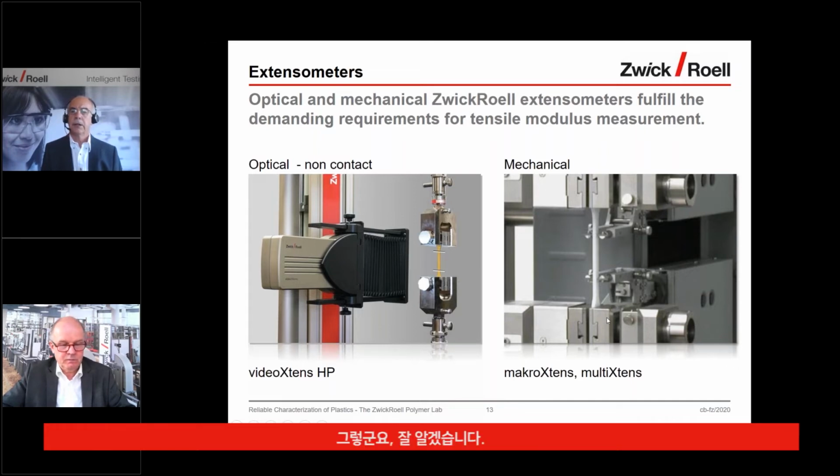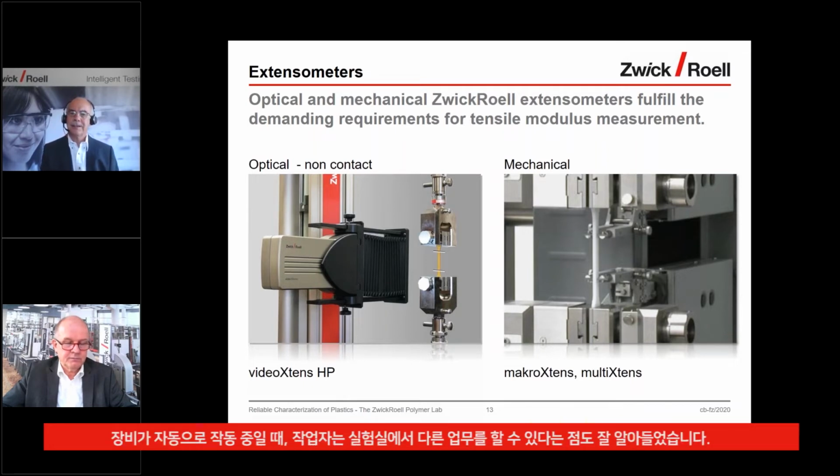Right, that's clear. So it's clear to me that the automated mechanical type of extensometers are a vast improvement compared to, let's say, the traditional clip-on types that we all know from the past, both for improved accuracy and also for throughput as well, right?